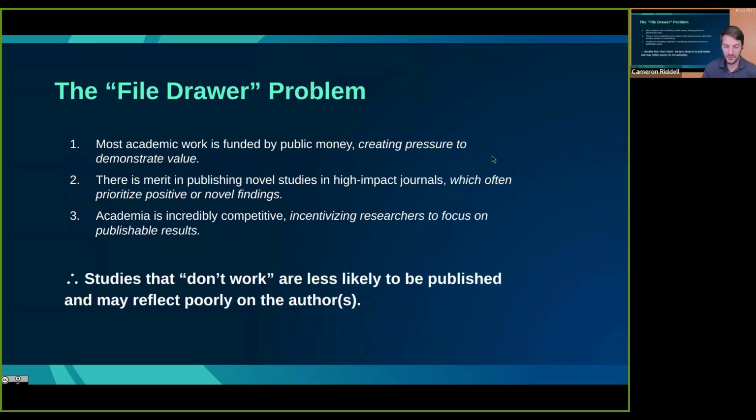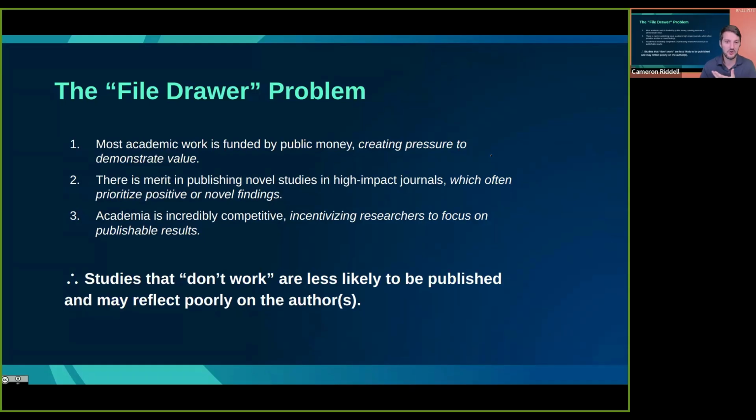Therefore, we end up with a world that looks like this. Studies that don't work, because let's be honest, if you have done research, if you've done more than 3 studies, probably one of them did not work the way that you thought it did. Meaning you either got statistically non-significant results, or you had to completely scrap the idea because you realized partway through, maybe you didn't think it through fully, that you couldn't conduct the research in the way that you thought you could.